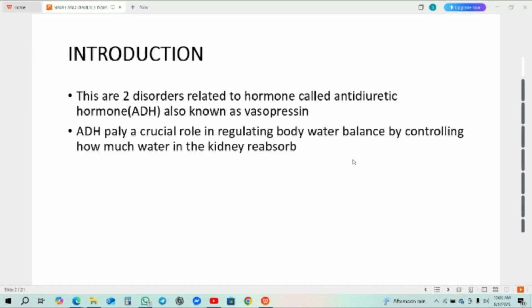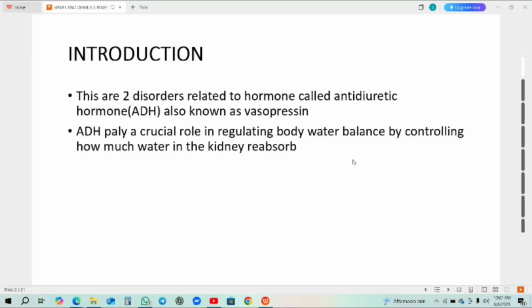ADH is transported via the bloodstream to the kidney, in the renal collecting tubules, where it is received by vasopressin receptors, V2 receptors.